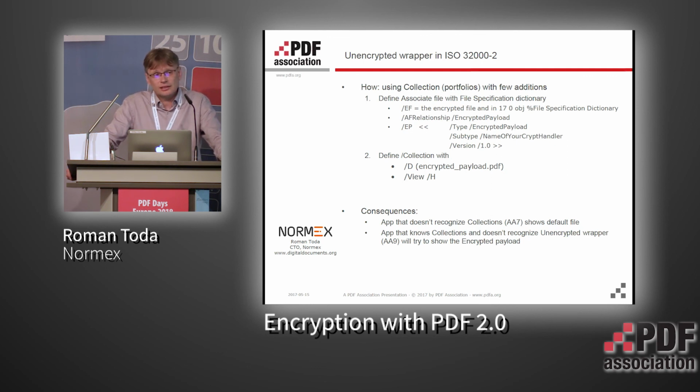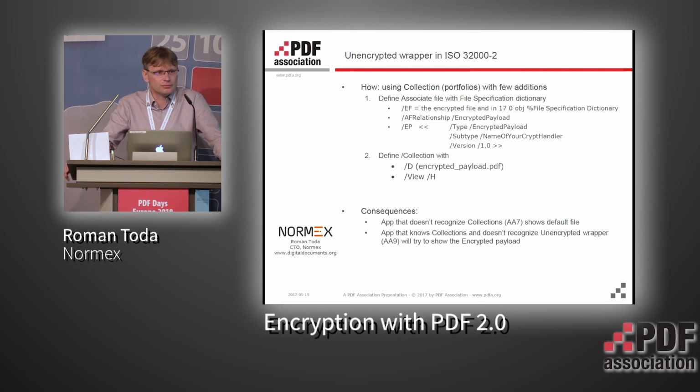Yeah. This implementation does have consequences, and they are not small, so let me recap them. First of all, an application that doesn't recognize collections, like for example Adobe Acrobat 7, shows the default file. Right? You won't get to the encrypted file.